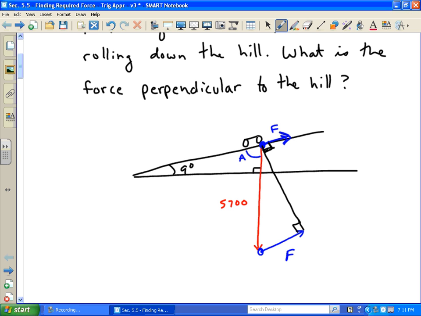I can find that angle because I know that there's a right triangle formed there. A would be found by using 180 minus the 9 degrees that I was given, and then minus the 90-degree angle, so A ends up being 81 degrees. Then I want to use that to find a smaller angle, let's call that alpha.